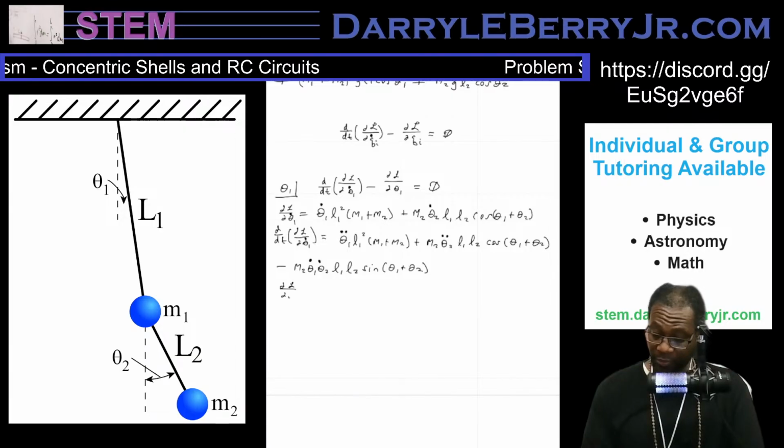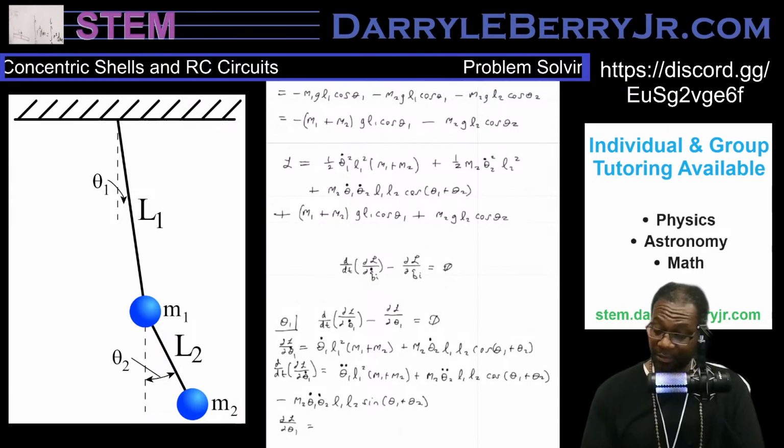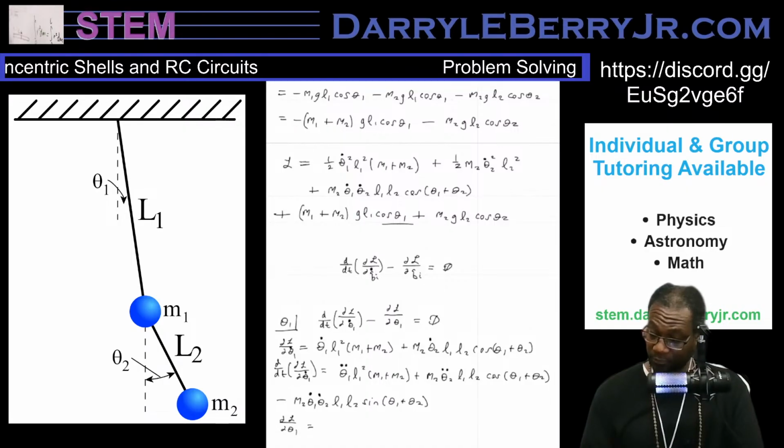And then we have partial L over partial theta 1 equals, and again, I find all the different instances of this theta 1 dot to take the derivative of. So we have two of those.